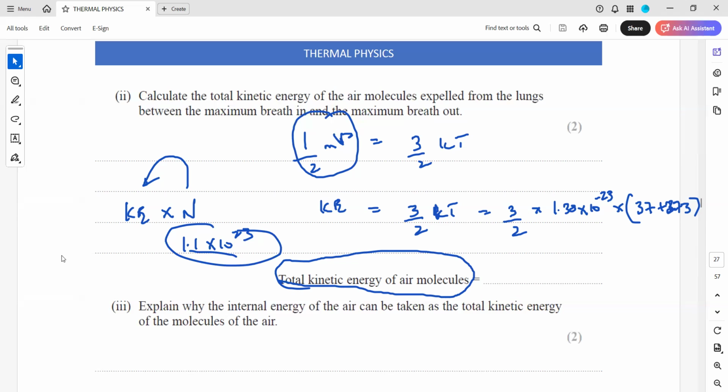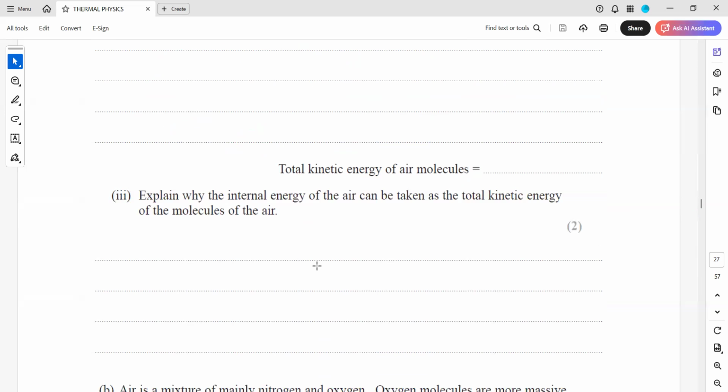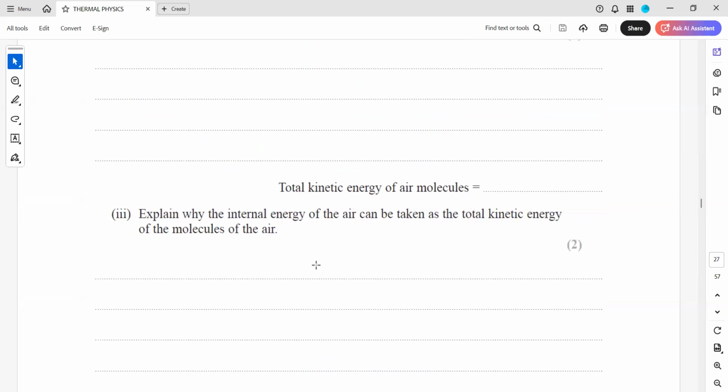The next part: explain why the internal energy of air can be taken as the total kinetic energy of the air molecules. We know internal energy is the sum of kinetic and potential energy.